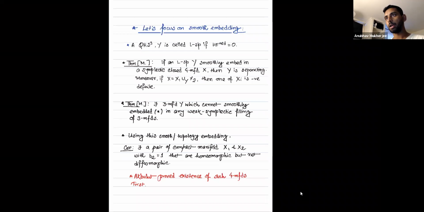It was first proven by Akbulut using results of Donaldson's and various other Floer theoretic versions. And I gave an alternative proof of that using the idea of smooth versus topological embedding of 3-manifolds in 4-manifolds.